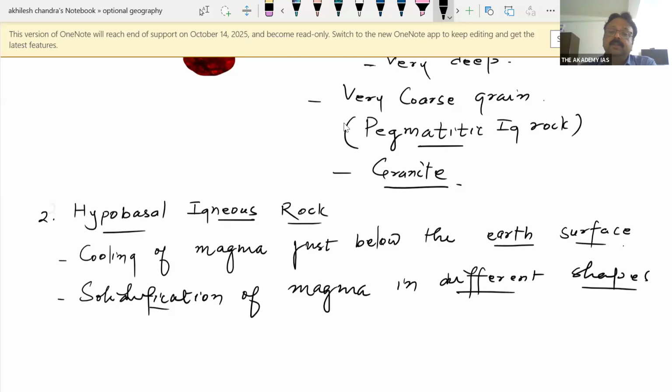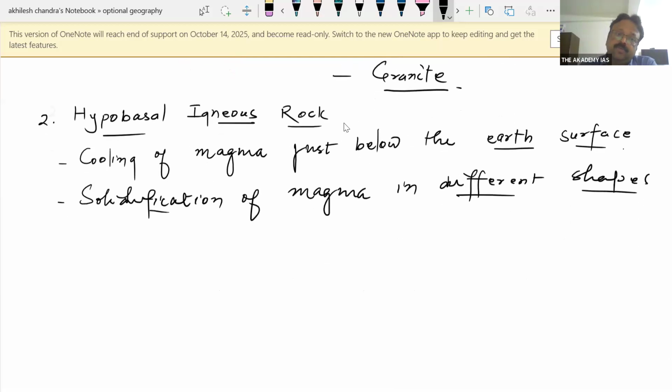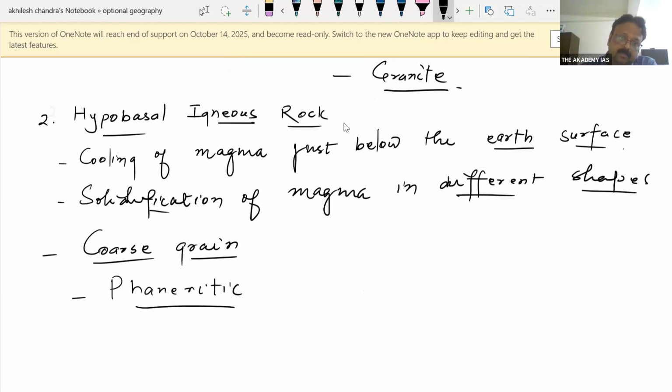And again, if we compare the grain, it is also coarse grain, but not as big as in the case of plutonic rock. So it is, you can say, phaneritic type igneous rock.